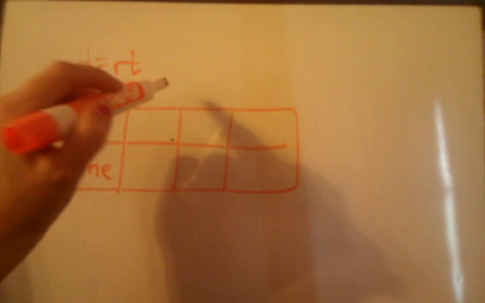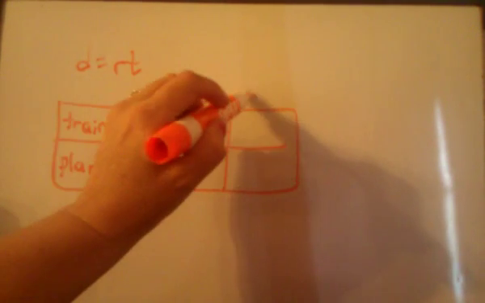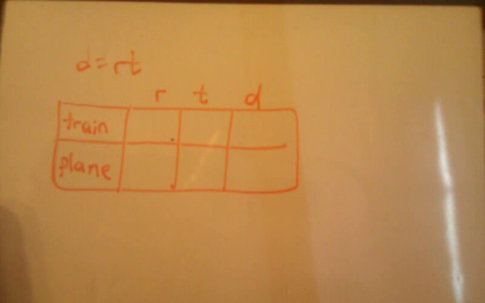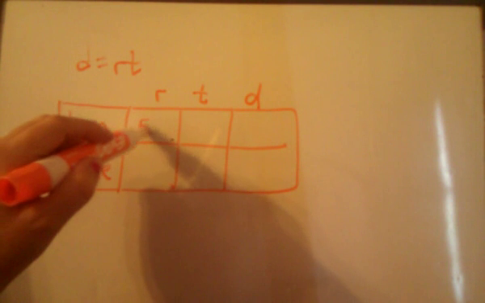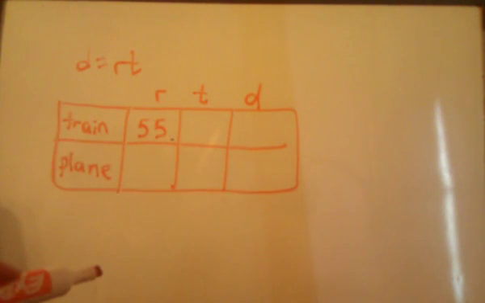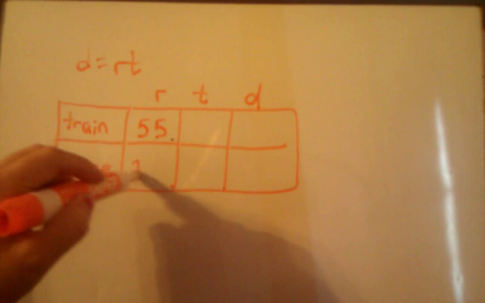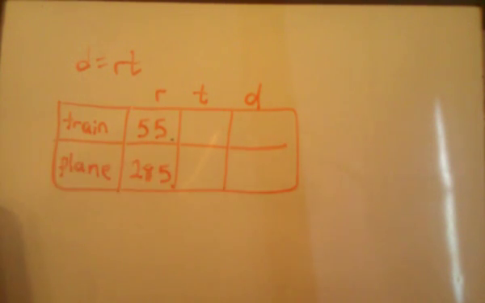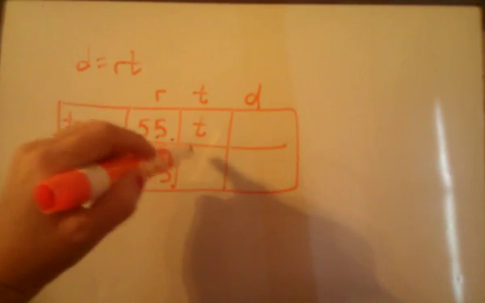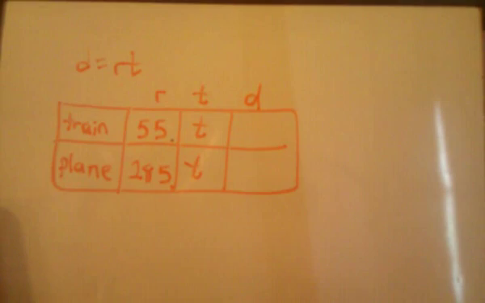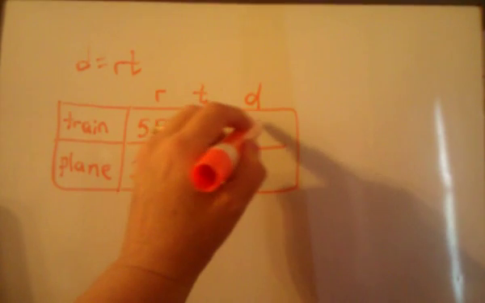And I need rate, time, and distance. He traveled by train at 55 miles an hour. He traveled by plane at 285 miles an hour. And he said the same number of hours, so I'm just going to make these t. Distance we know is rate times time, so 55t and 285t.